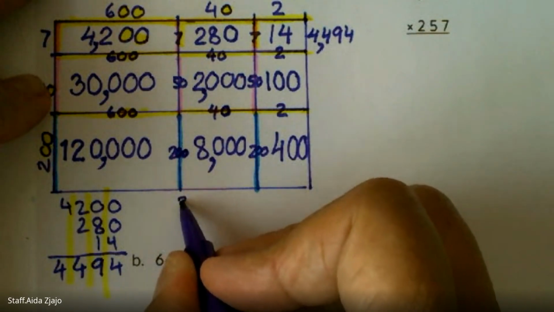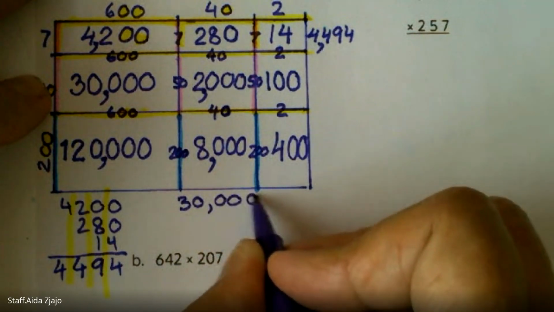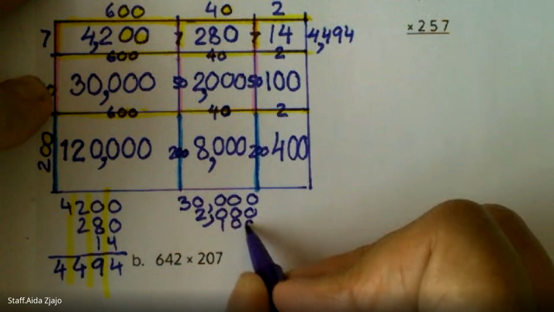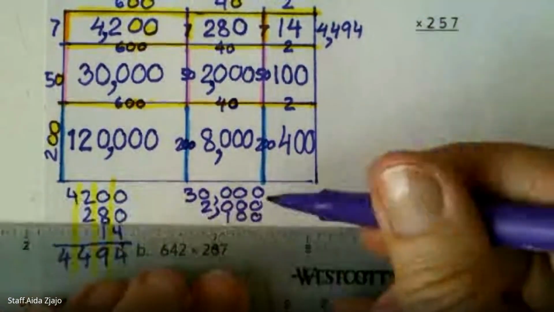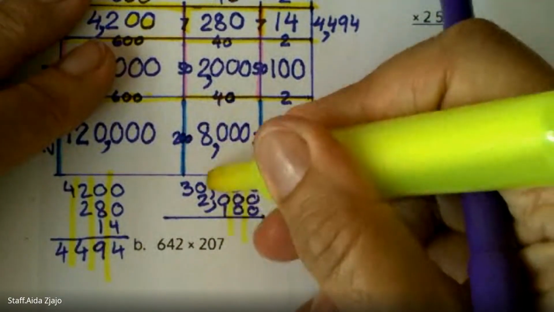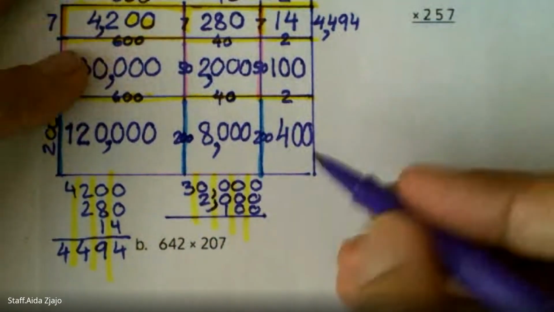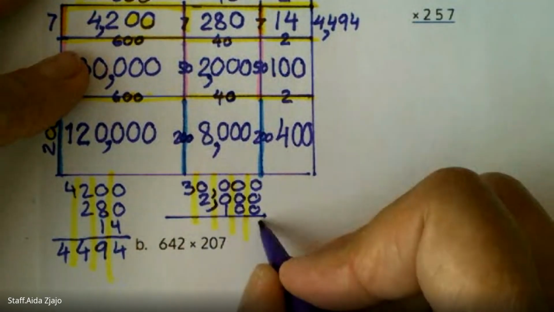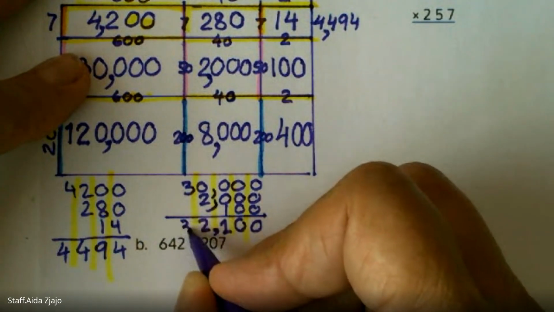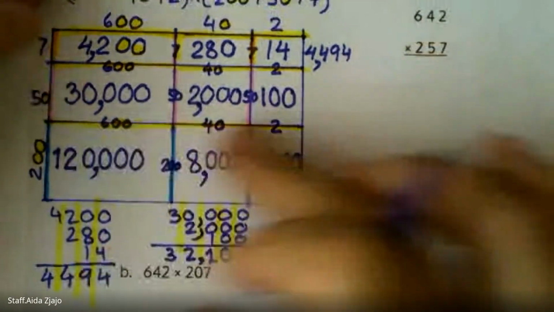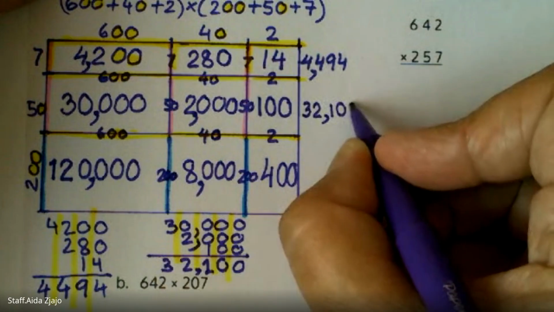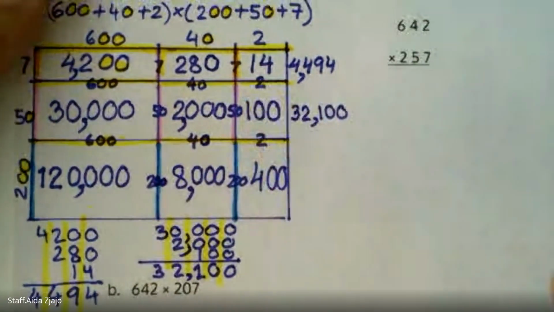So let's see, 30,000 plus 2,000 and plus 100 is going to give us, okay, stay in column, 0, 0, 1, comma, 2, 32,100, and you can do it mentally, it's okay. 32,100 would be these three areas.